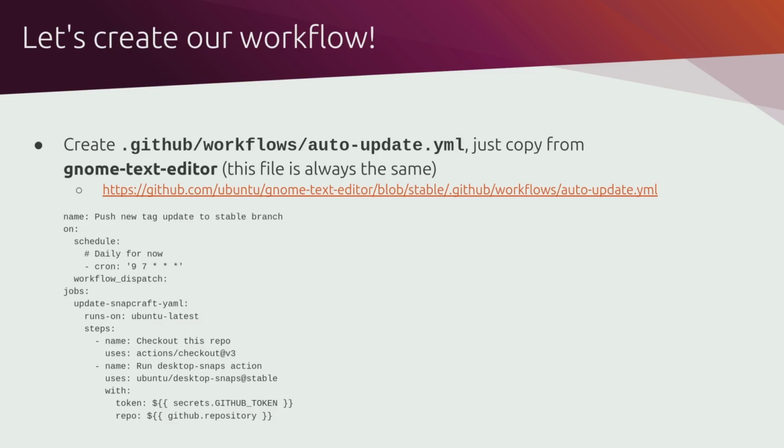And so the steps to do is, at first we need to download our snap repository where the snapcraft YAML is inside. So we run the standard action in the actions organization, which is created by GitHub, with the name checkout, and we want to get the v3.